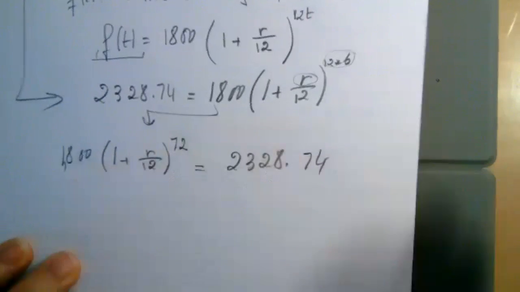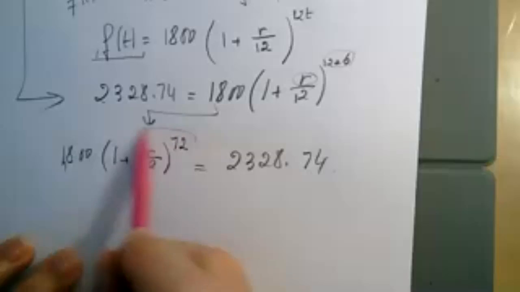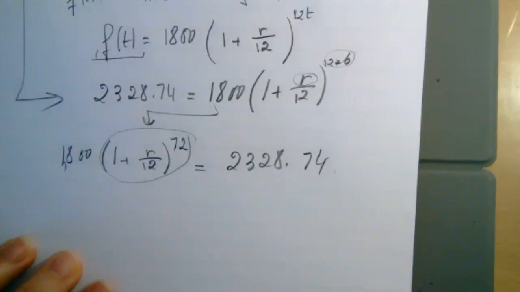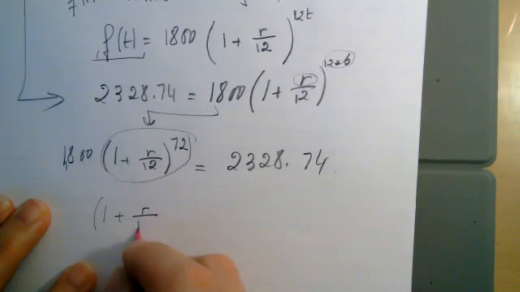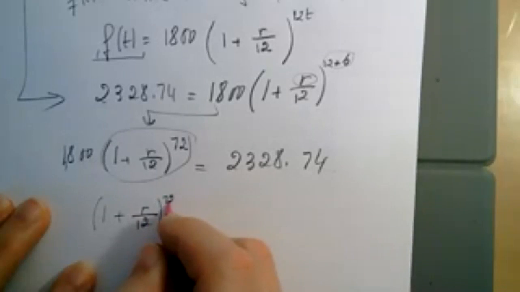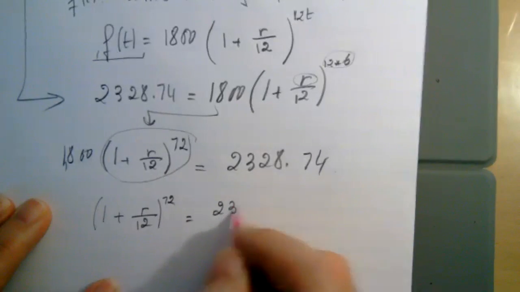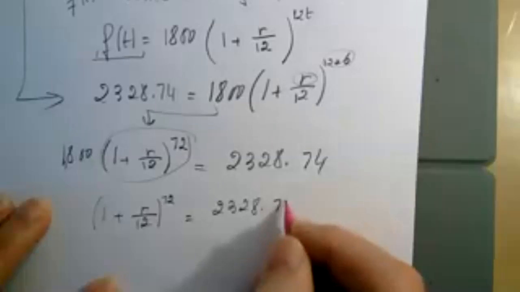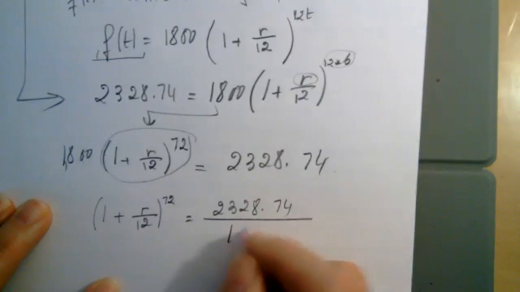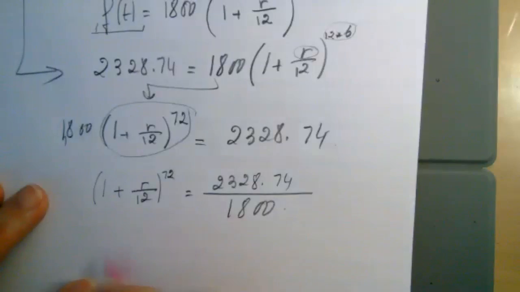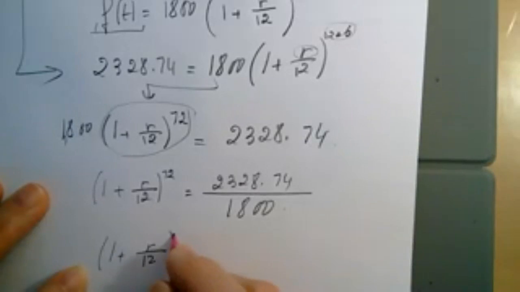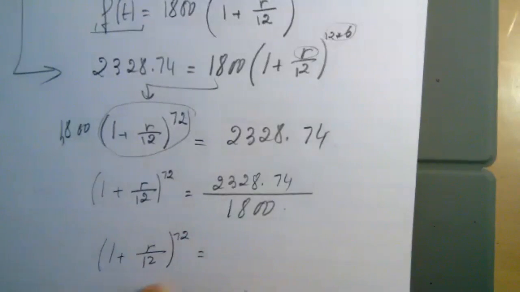All right, now, as before, I need to isolate this term. So I need to divide both sides by 1,800. That is 2,328.74 over 1,800. Now to do the math a little bit simpler for us, we're going to divide and see what we get.